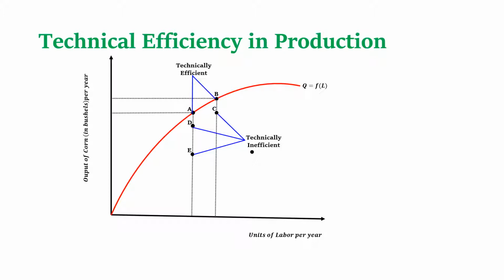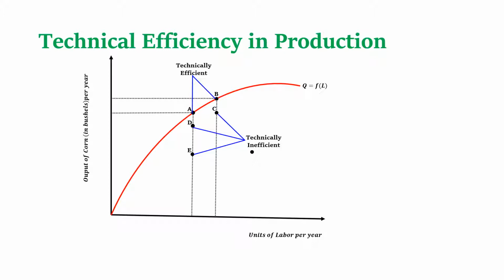So why do we say those points on the curve are technically efficient? Because for those points on the curve, the farm or the producer produces the maximum outputs using limited resources, using less inputs to produce the good.